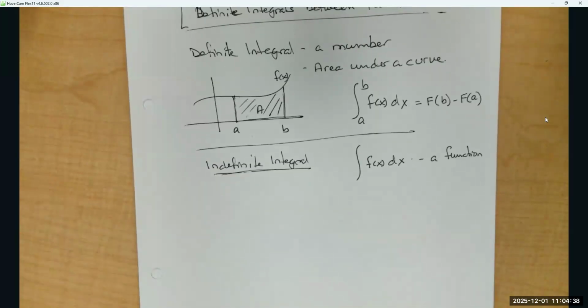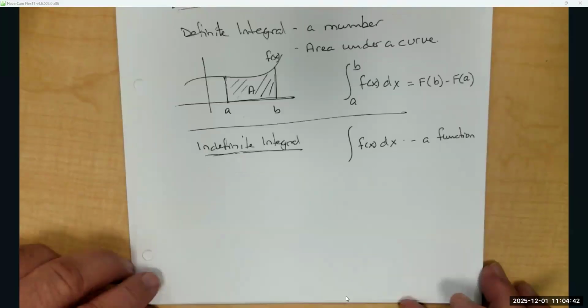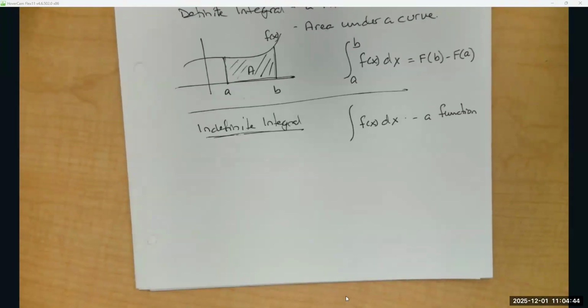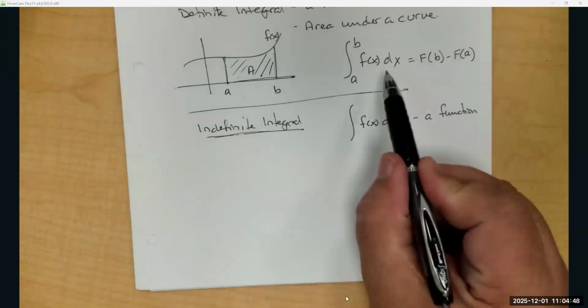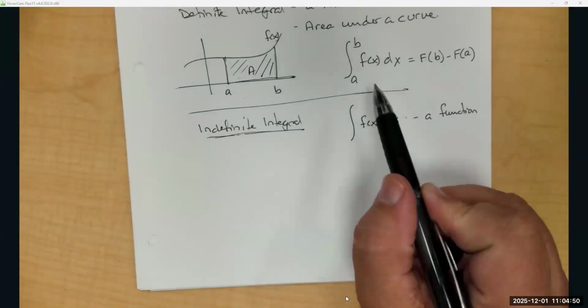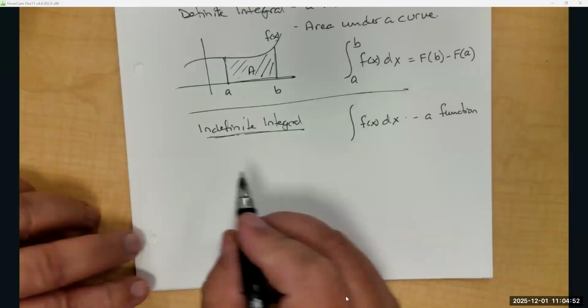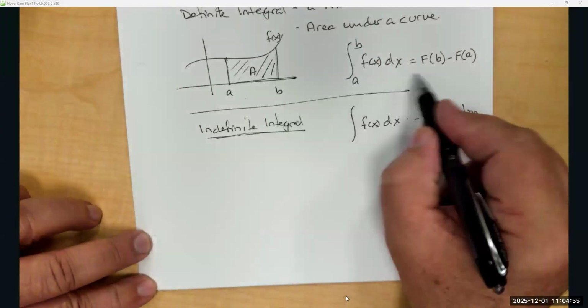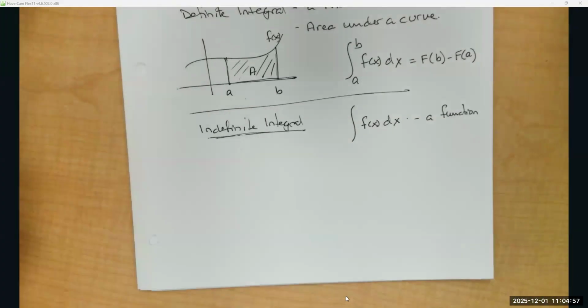With indefinite integrals, what it's telling us is this. For the integral to exist, the function has to be continuous, and if it is continuous and has a derivative, then it also has an antiderivative.